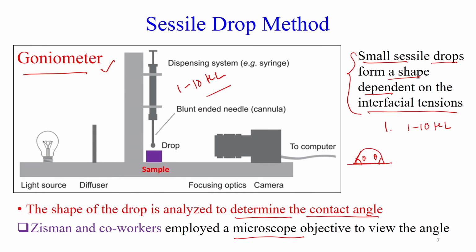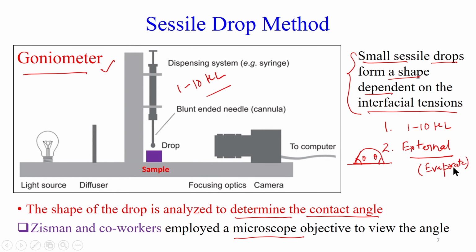Now, the second criterion is the effect of environmental or external factors, like temperature. If you put a drop on the surface, the liquid will try to evaporate with time and temperature.